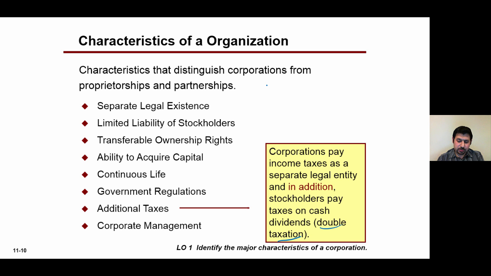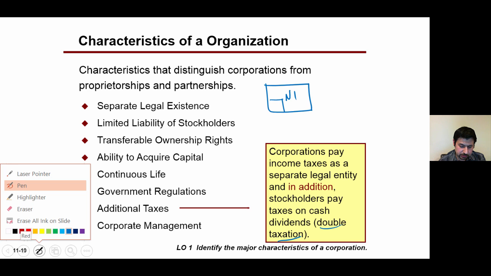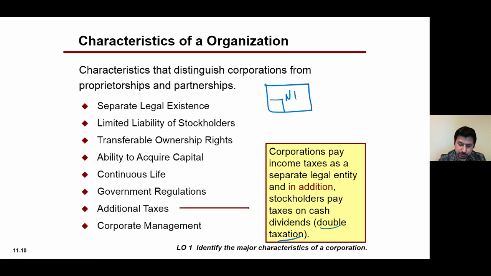For example, think about it this way. Let's say that this is the net income of the corporation, and this part was paid as tax. So let's put this one here. This one is income tax that the company will be paying.